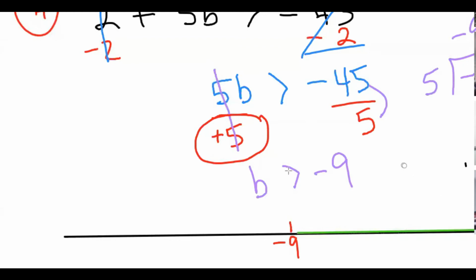And then since it's greater than, not greater than or equal to, it's going to be an open circle. And so we just make it an open circle. And so that would have been your answer. That's your total answer.